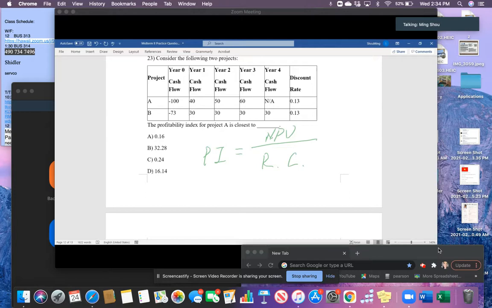You can use a financial calculator to do the calculation. The NPV would equal 16.13857, and the resources consumed in this case is the initial investment of 100, so divided by 100. The correct answer is A. It's just the formula: profitability index simply equals NPV divided by the resources consumed.